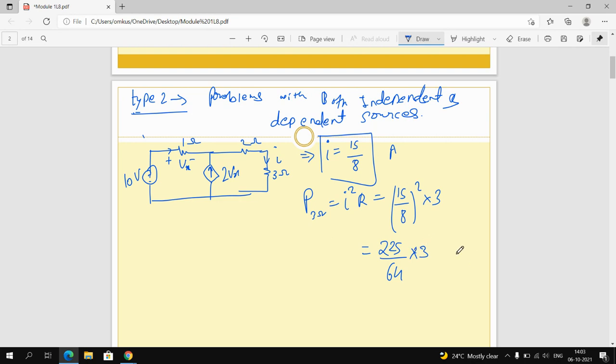So that much amount of power is consumed by that resistor. Solve this problem and your answer must match this. Okay, current value is 5/8.